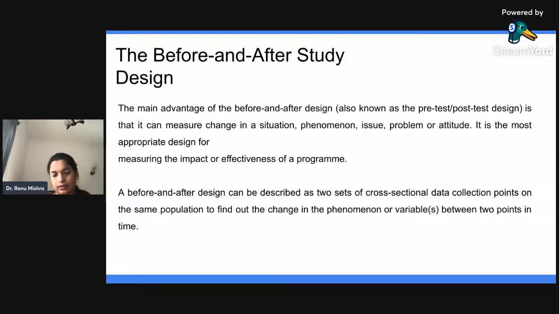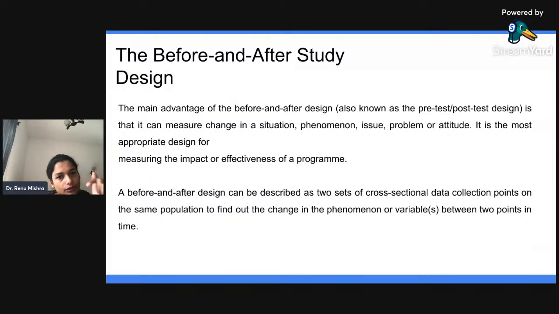This is what is happening. Then they implemented the program. Then what are the after effects? Before and after. I call it the before and after study. This kind of design tells you how the effectiveness of the implemented program creates improvement, whether there is any or not.